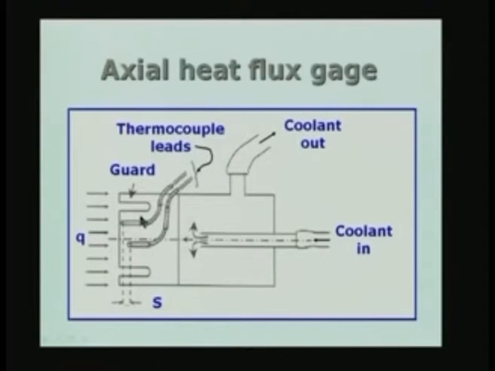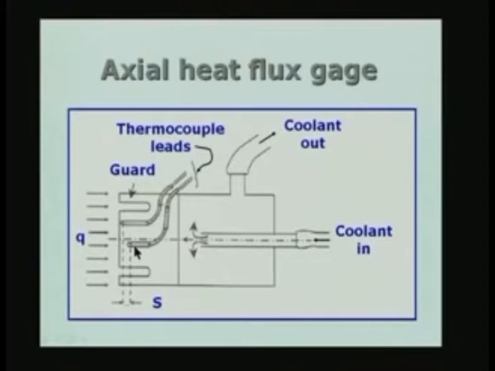There are two thermocouples, one attached very close to the front surface; it need not be exactly at the front surface, it could be slightly inside. So, we have a blind hole which is drilled from the back, and a thermocouple is placed at the bottom of the blind hole and intimately connected to the bottom by cementing, and the leads are taken out like this.